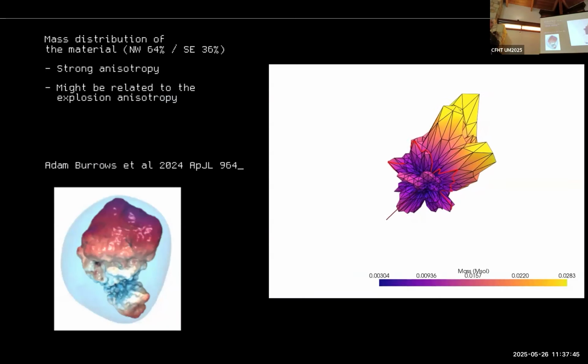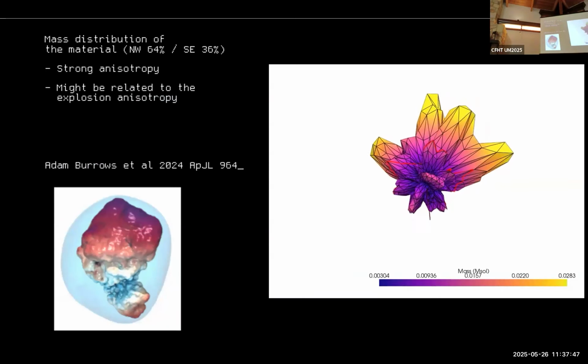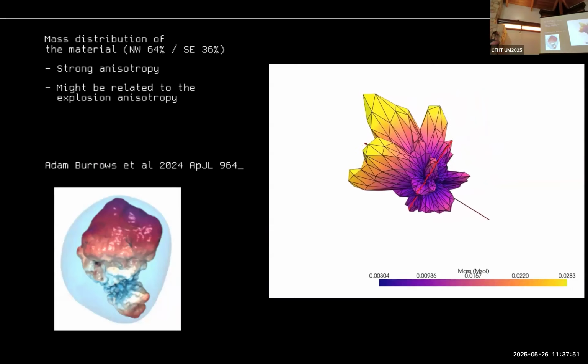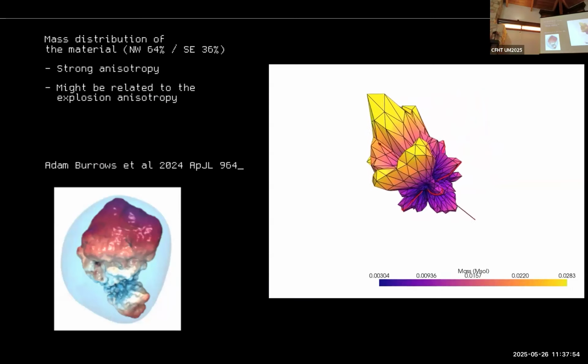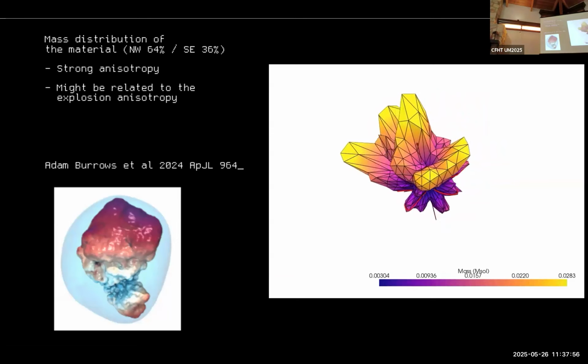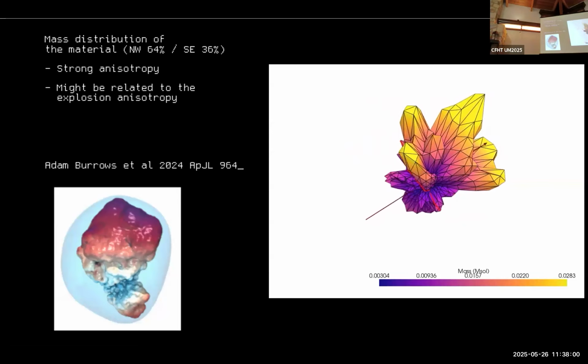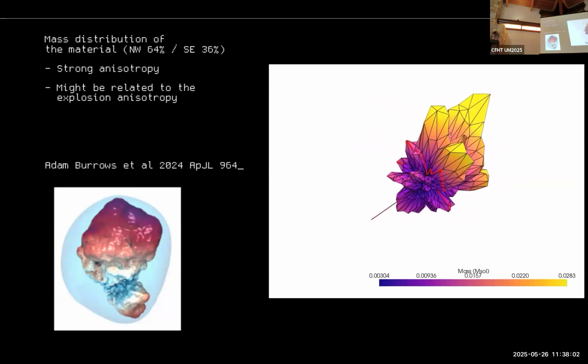It's related, but not completely, to the proper motion. We also, by the way, have the distribution of mass in 3D of the remnant for the first time. It's the first time we can get this kind of data on a supernova remnant, and we can see that it's highly anisotropic.